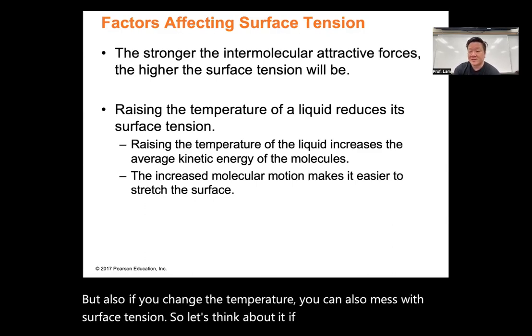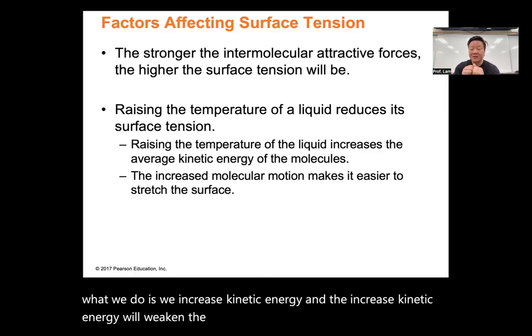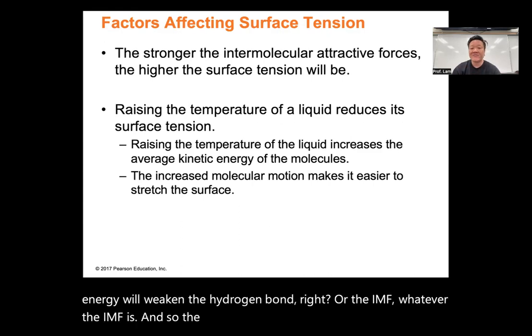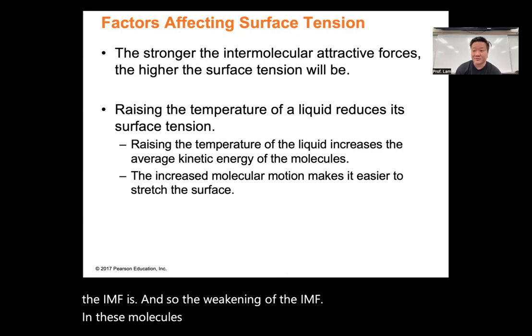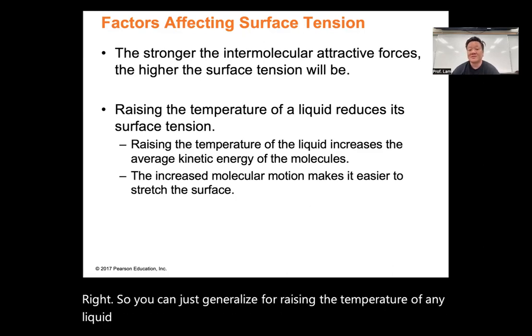If we raise the temperature, we increase kinetic energy, and the increased kinetic energy will weaken the hydrogen bonds, or the IMF, whatever the IMF is. The weakening of the IMF in these molecules will reduce the surface tension. So you can generalize: raising the temperature of any liquid will reduce its surface tension.